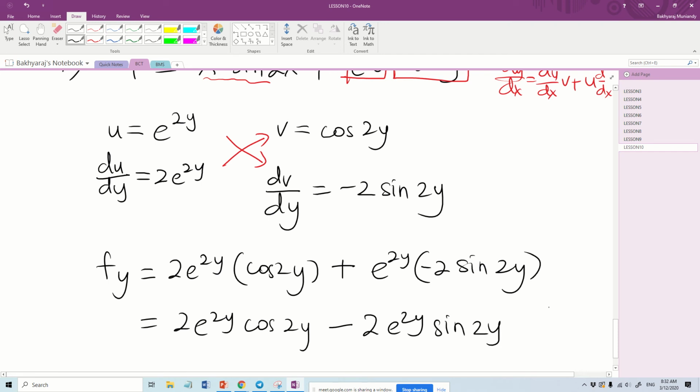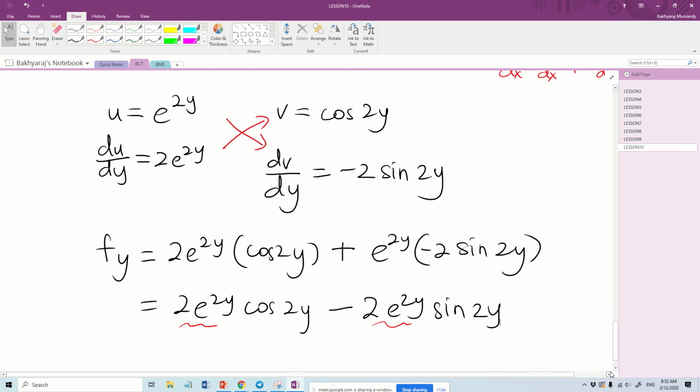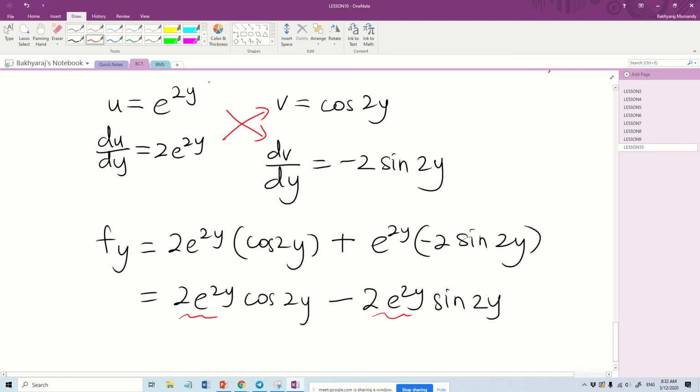Okay, I think nicely you can take out the 2 and the exponent 2y, because the factor is very similar, so you should factor out.